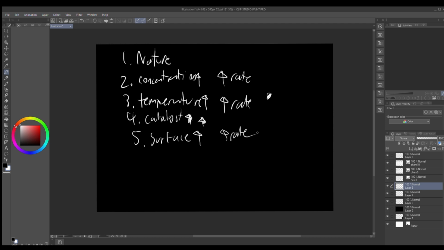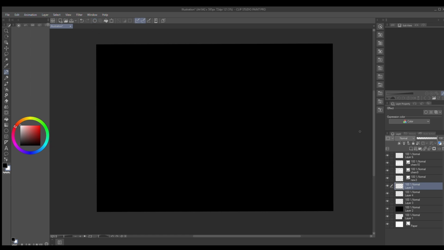So for example, if you have a solid chunk of a reactant versus a powder of the reactant, the powder will have a much faster rate than the block, since the powder has a greater surface area. And so that was just a bit of the factors that affect rate.